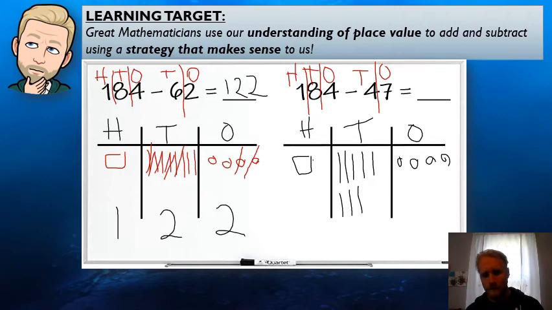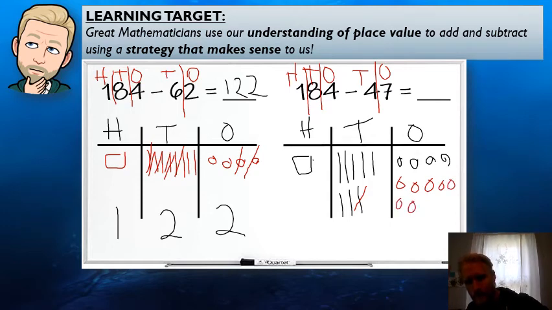All right, so that means I need to take one of my tens and I need to add that to the ones place. 1, 2, 3, 4, 5, 6, 7, 8, 9, 10. Right?